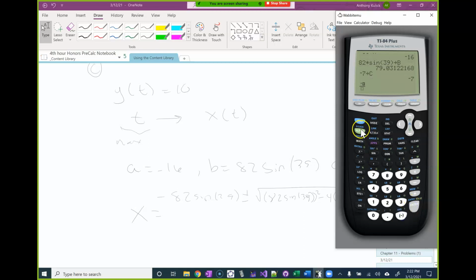So I'm going to do -b plus. I can't do plus or minus in the calculator at the same time, so I'm just going to do plus and then I'll go back and change it.